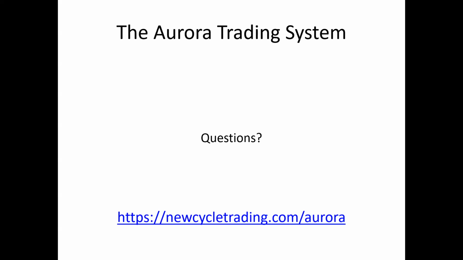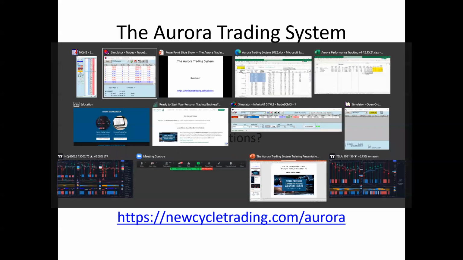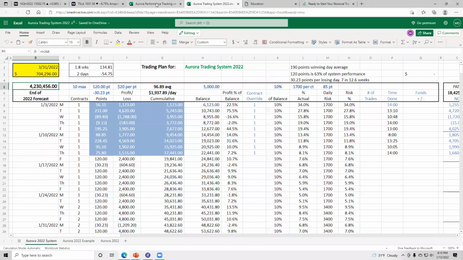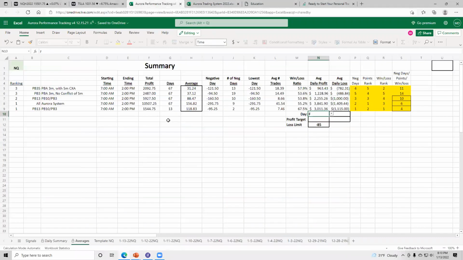Deborah's asking, what's the average number of PB13 trades a day? So PB13s, Deborah, on an average day is about 7.5 trades. I'm going to change this back to all, and then go to the summary page.